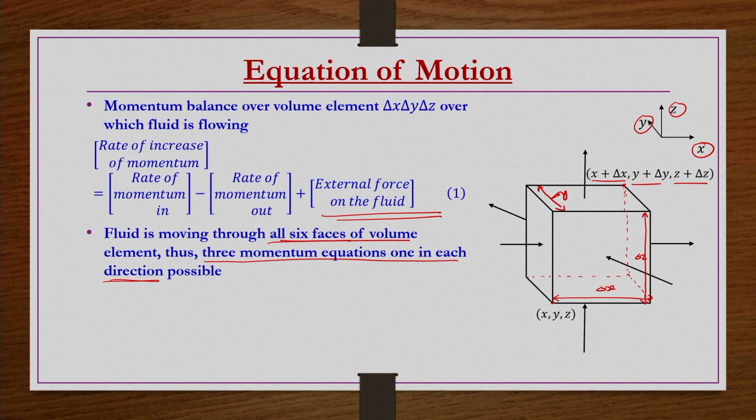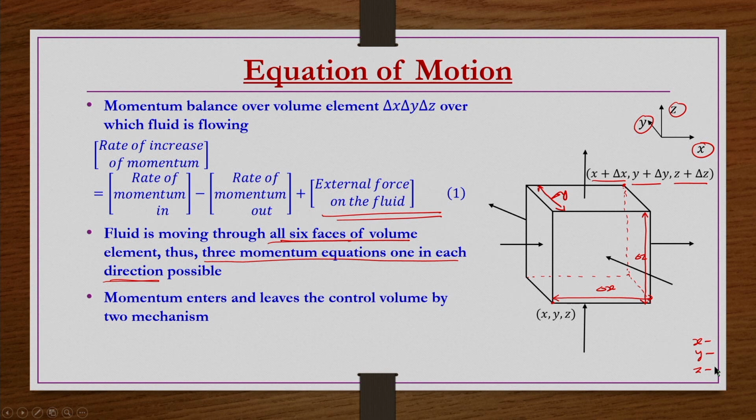So, obviously, if you take the rectangular coordinates, we will be having one momentum equation in x direction, one momentum equation in y direction, and one momentum equation in z direction, right. So, that is what we are going to have.